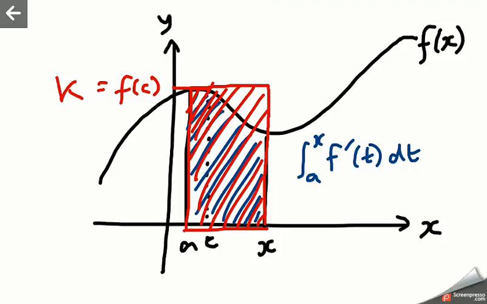Now the height is the maximum of the function on that interval, which is f of c, which is equal to k. So the height is k, and the width is going to be, well, this distance here, which is x minus a. Okay, and now for the interesting part. This is equal to k times the integral from a to x, just of the function 1 dt.